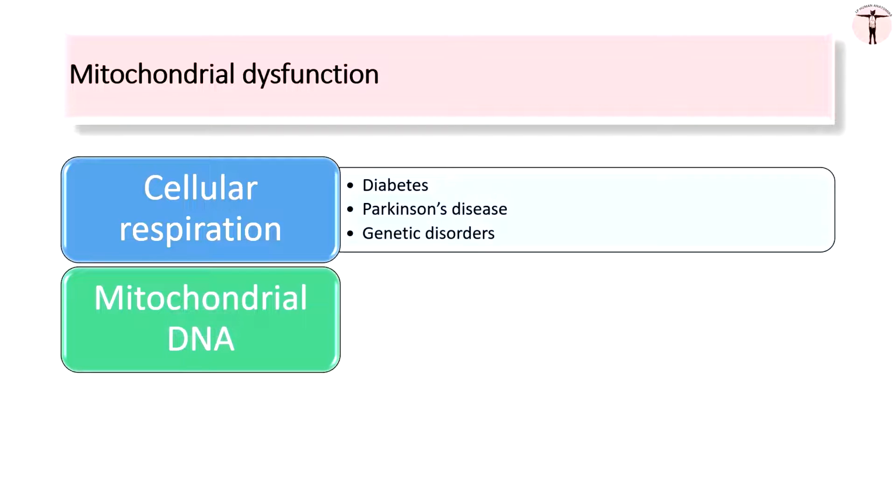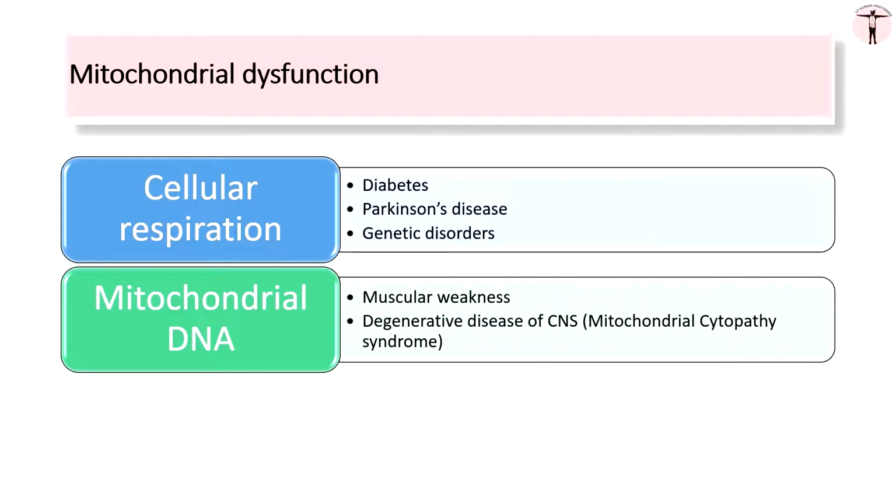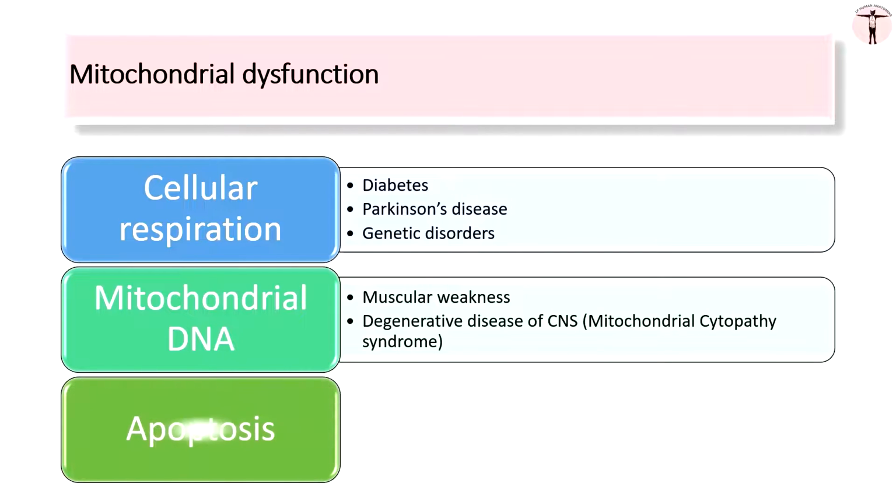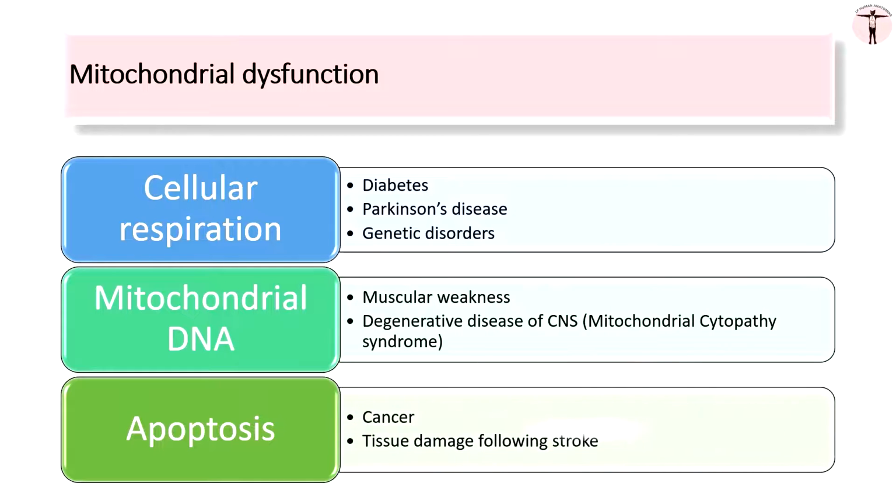Abnormal mitochondrial DNA may produce muscular weakness and degenerative disease of the central nervous system due to failure of oxidative metabolism. This is known as mitochondrial cytopathy syndrome. Disturbances in the process of apoptosis regulation lead to development of diseases such as cancer and tissue damage following stroke.